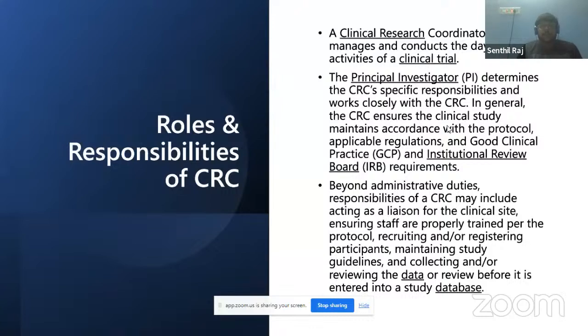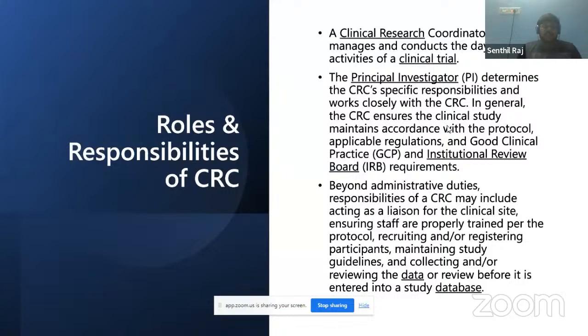Usually, a clinical research coordinator goes to a trial and does day-to-day activities. He talks with the principal investigator and decides how many patients or study participants are going to be enrolled in the study. They will have a contingency plan.